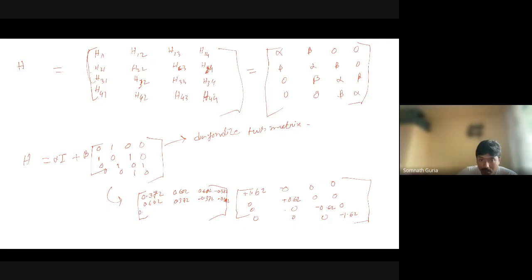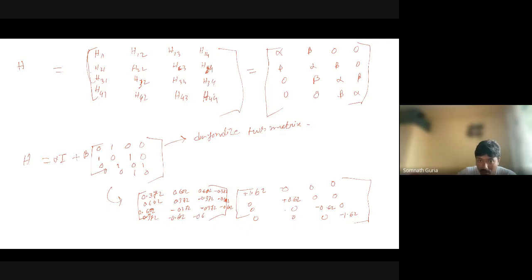The third row will be 0.602, minus 0.372, minus 0.372, minus 0.602. Similarly, here also 0.372, minus 0.602.